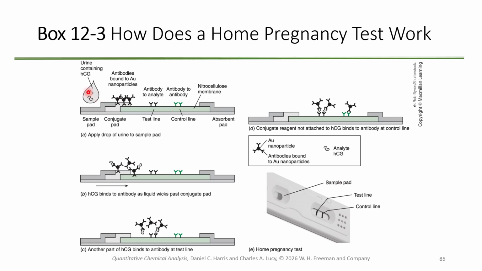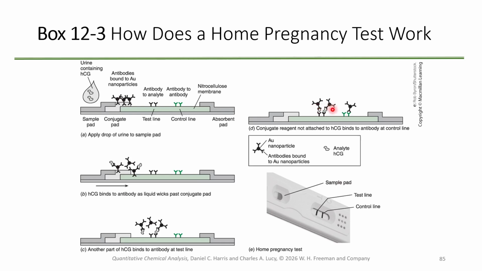So first thing you do, you apply the drop of the urine to the sample pad here. That HCG is going to bind to your antibody as your liquid wicks past the conjugate pad. And then this part of the HCG is going to bind to the antibody at the test line. Once it starts binding to the antibody at the test line, the conjugate reagent that is not attached to the HCG is going to bind to the antibody at the control line.